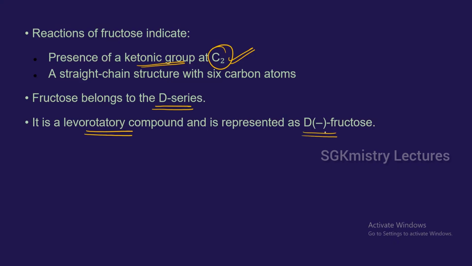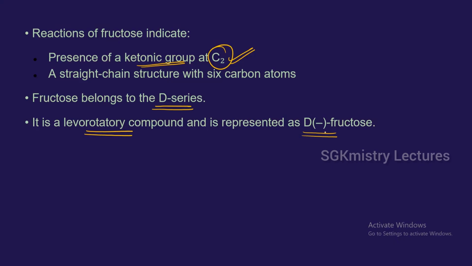So levorotatory is about optical activity. About this, I've explained in the haloalkanes chapter in much detail. If the plane of the polarized light is rotated to the right, then we call that particular compound dextrorotatory.